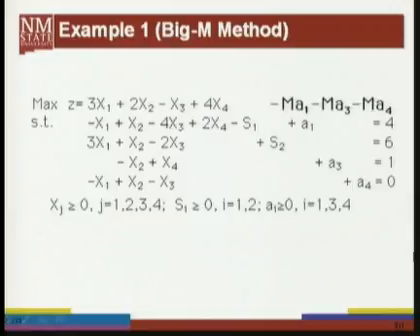Because we want to maximize the objective function value, if M is sufficiently large and if there is a feasible solution for this given LP, then the artificial variables will be 0 in the optimal solution.